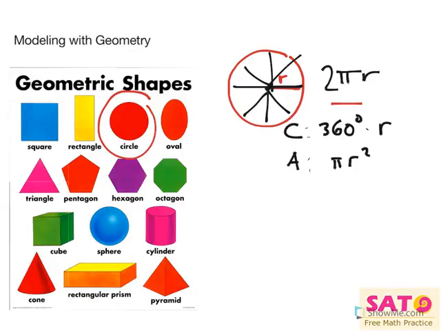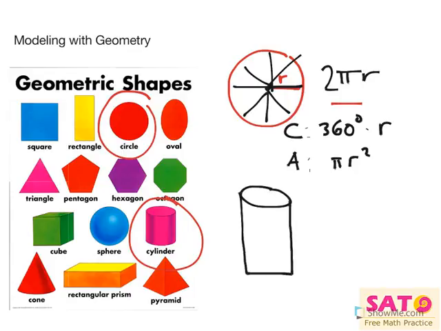So let's talk about the volume of a cylinder. Cylinders are these ones over here, and a cylinder looks just like the picture. The height is the straight line, the vertical distance from the bottom of the cylinder to the top. So it's all of this right here.